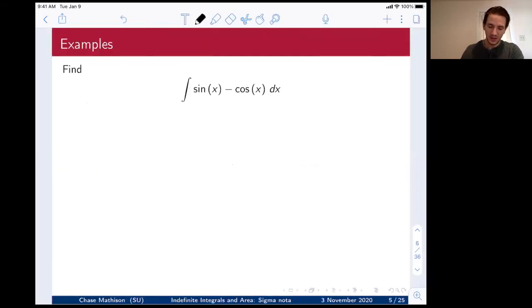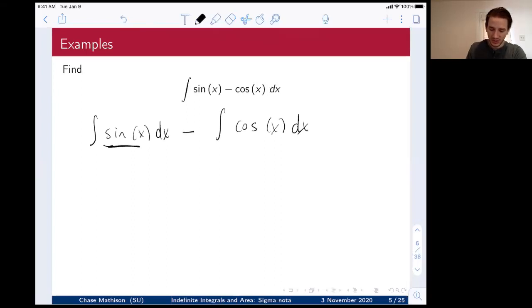So, example, find the antiderivative, the general antiderivative of sine of x minus cosine of x. Okay, well, if you think back to the table that I showed you, this is going to be the integral of sine of x, and then just minus the integral of cosine of x dx.